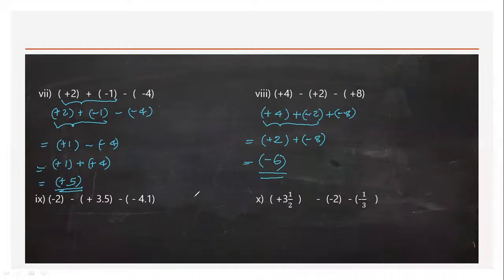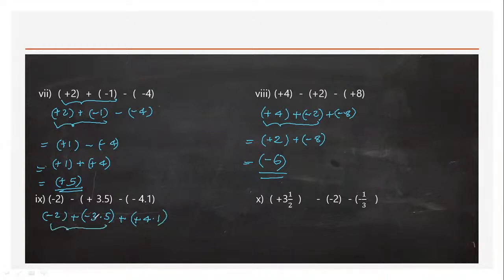Right, next one, the ninth one. Minus 2, minus, then we can write here plus instead of this. Plus the additive inverse of this, plus 3.5, minus 3.5. Add, here also the additive inverse is plus 4.1. Now you can take the difference of this.